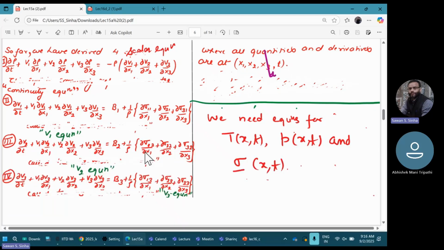You can always do that. Density is not 0. If density becomes 0, the continuum assumption itself will break down. We do not deal with such issues. Okay, we will call this V1 equation, this V2 equation, and this V3 equation for quick reference.